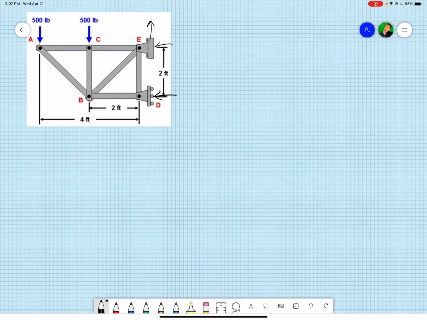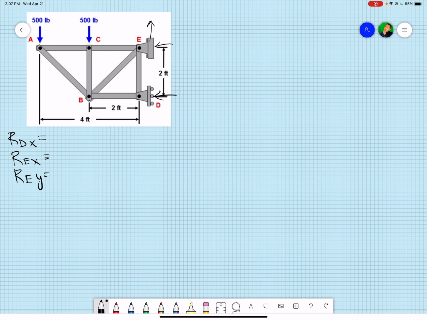So far we know we'll have reactionary force D in the x direction. Okay, we'll have reactionary force E in the x direction. And we will have reactionary force E in the y direction.